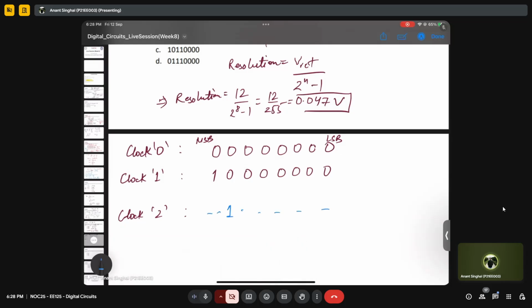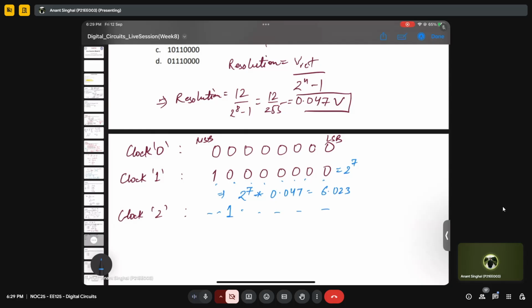Now there is a condition that we check at every clock. For example, at clock 1, we'll check the actual output that we get at clock 1. This is 2 raised to the power 7, so the output for this clock will be 2 raised to the power 7 times the resolution, which comes out to be 6.023 volts.